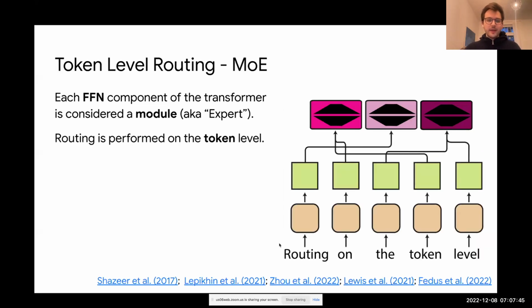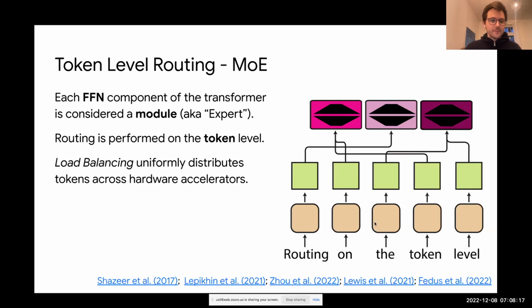Let's take as an example the sentence, routing on the token level. Every single token of that sentence is routed to the multi-head attention layer, then to the router, and this router selects a single expert or module for that specific token. Not more than one, exactly one module is selected for each token, and that is done for every single token in the example.